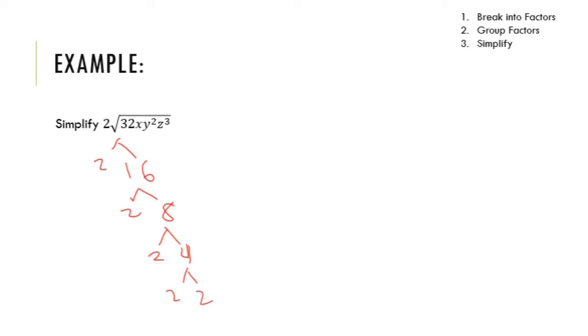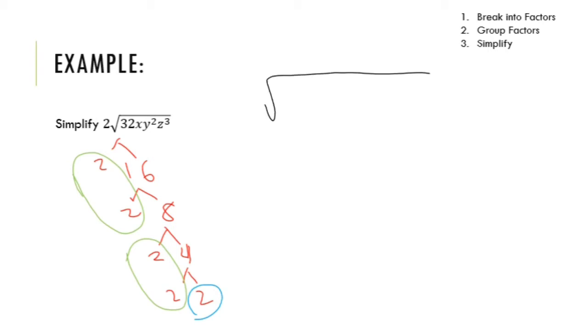Now this is a square root, so I'm going to have those groups of 2 there. And then we have the loner right there. So number-wise, we're doing the number first. We have 2 times 2 times the 2 that's already outside.